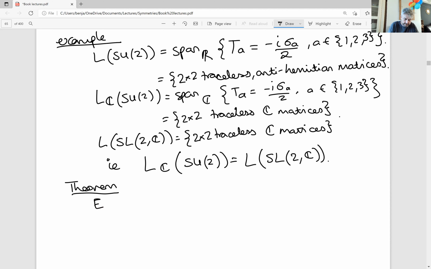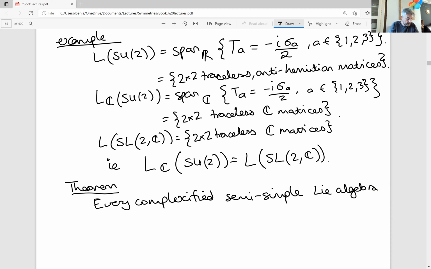So every complexified semi-simple Lie algebra has a real form which has an adapted basis. Okay, so that's the correct form of the theorem, being a bit more precise about things.